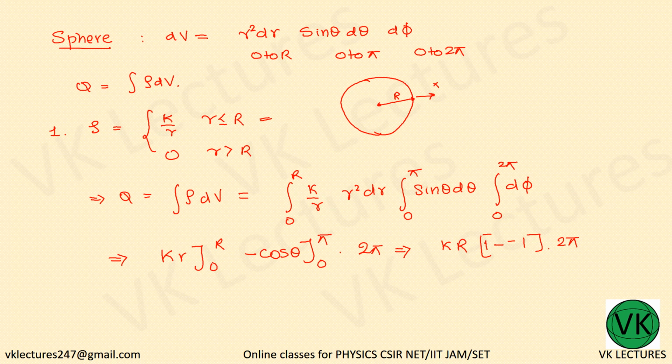It is r times r, so the integral gives r squared by 2, so it is k r squared divided by 2. Now k r squared by 2 into 2 into 2 pi, so the 2 gets cancelled, and it is 2 pi k capital R squared. So this is the total charge present in this sphere.